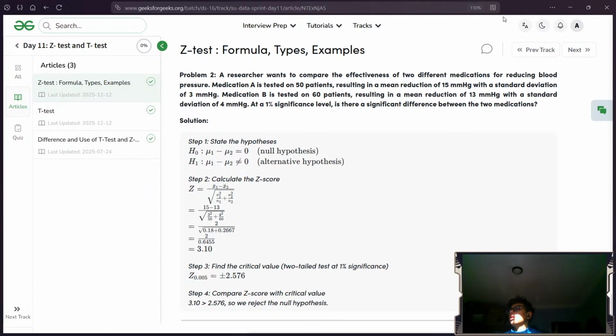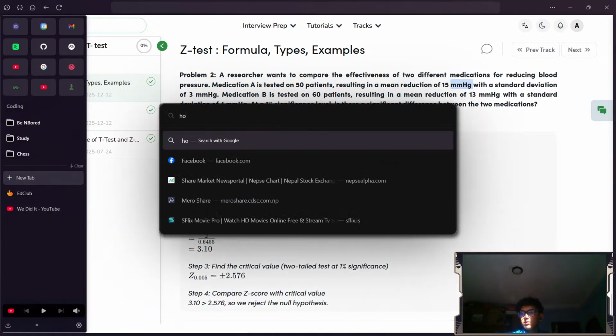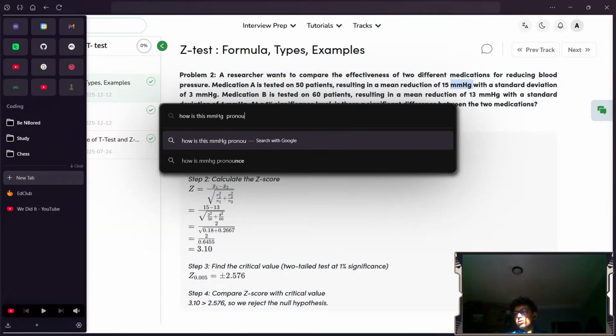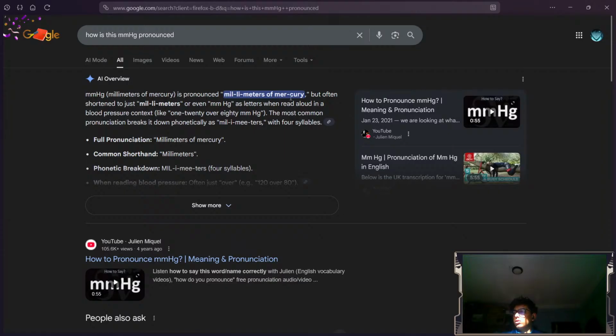How is this pronounced? Millimeters of mercury.